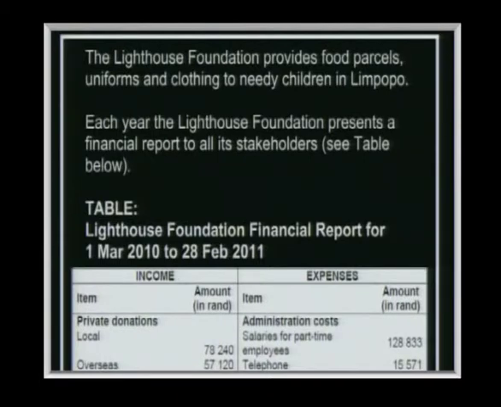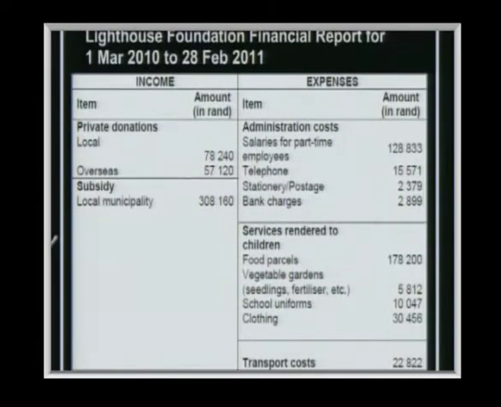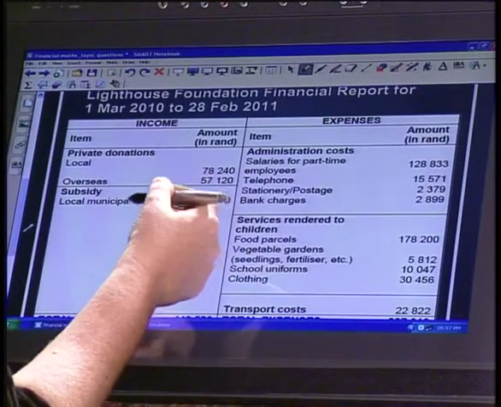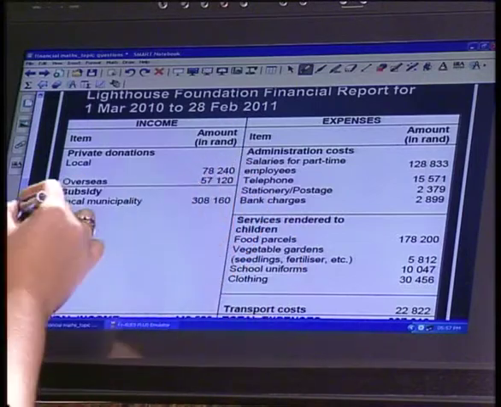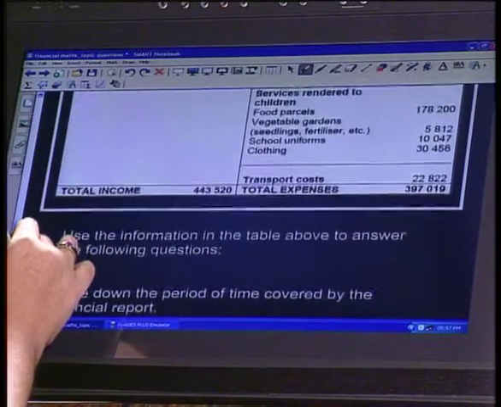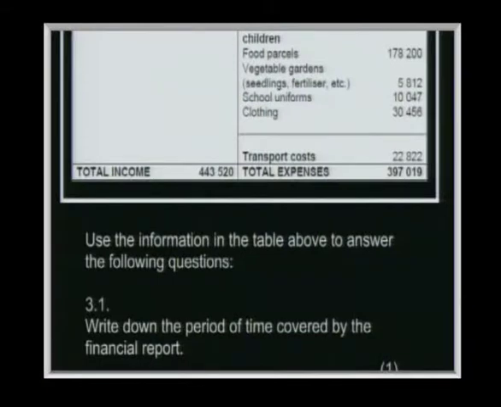And you'll see that this table has all the items that are income and all the expenses of all the things that have been paid, from donations and subsidies to administration costs and services rendered, etc. It then says, use the information in the table above to answer the following questions. So the key words here is use the information in the table. Don't make it up. Don't get it from anywhere else. You need to get the information from the table.